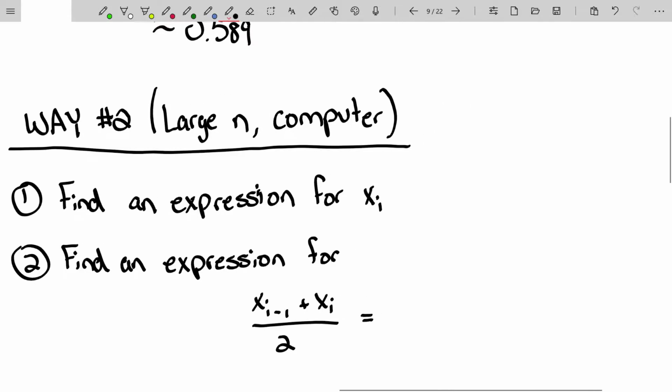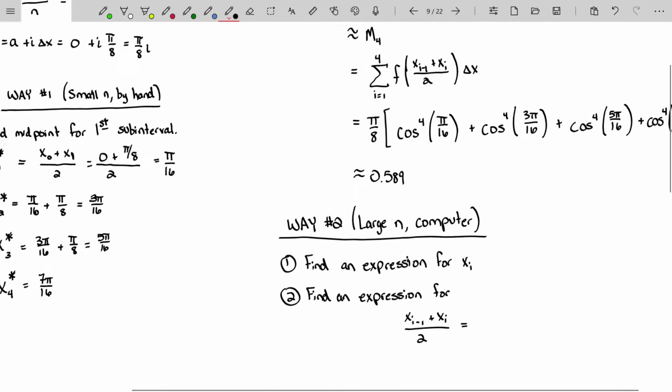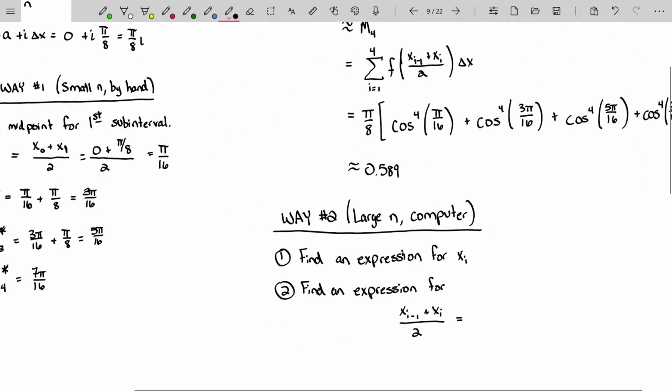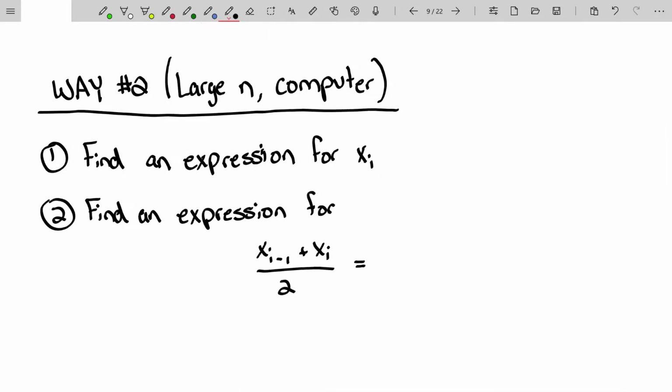Now, we know that x sub I in this case is pi over 8 times I. So we have something plus pi over 8 times I. That something is actually x sub I minus 1, so pi over 8 times I minus 1. And that's all over 2.